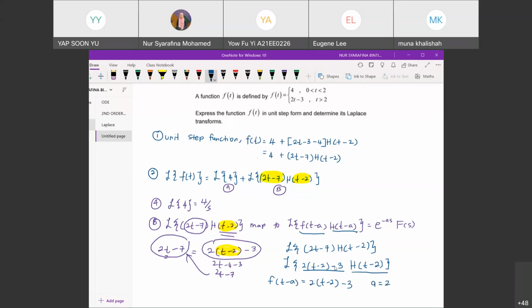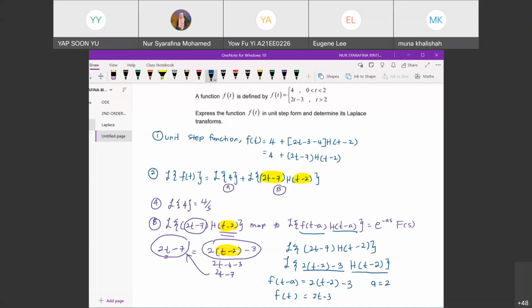So when f(t minus a) is 2(t minus 2) minus 3, then what is your f(t)? Okay, come on, what is your f(t)? Yes, 2t minus 3, thank you.